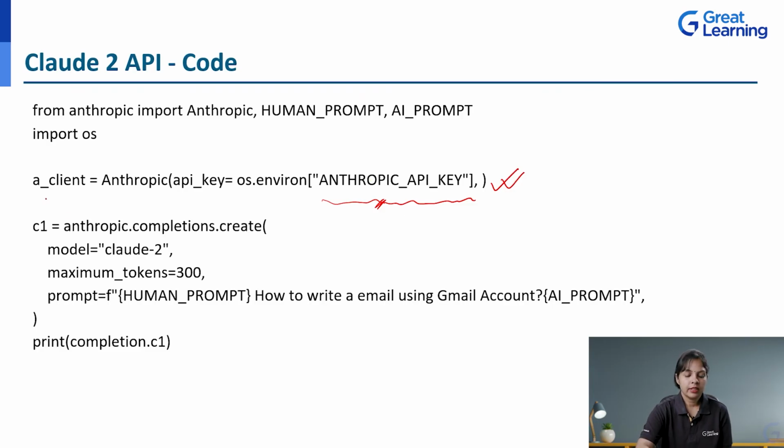And then you have to create this client. This is the variable, and you can give any name to this. I have given a_client equals Anthropic, which is the name of the class or module. Inside this, api_key equals os.environ. It's not environment or anything; the spelling is just ENVIRON. In the square brackets, you have to provide the key. This is how you will create an Anthropic client.